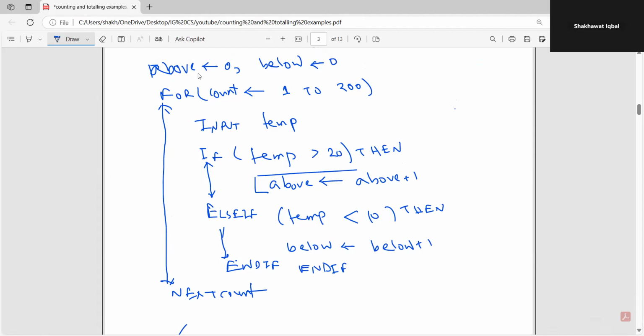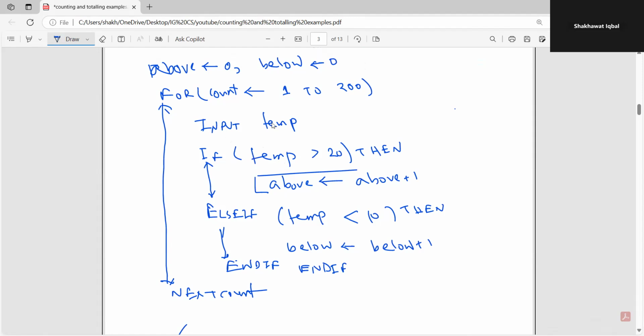So there are two types of temperature. Sometimes it is greater than 20, or sometimes it might be less than 10. For the two types of temperature, we need to initialize two variables, above and below. And they're saying how many, so how many means increase by one, and it always depends on condition.